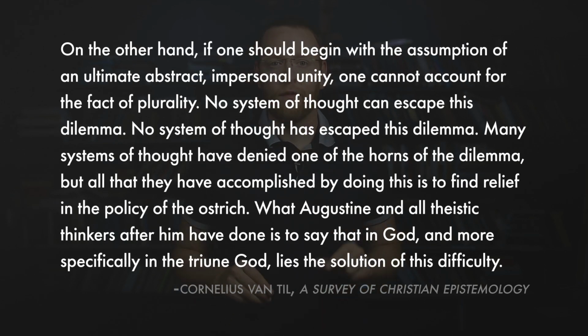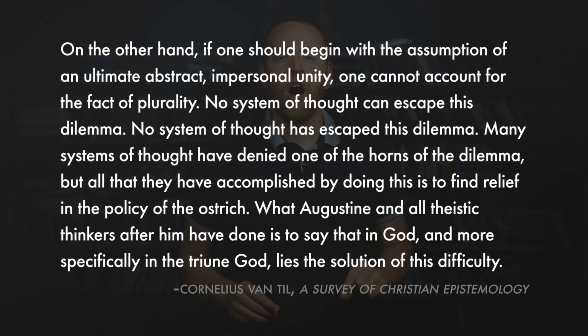On the other hand, if one should begin with the assumption of an ultimate abstract, impersonal unity, one cannot account for the fact of plurality. No system of thought can escape this dilemma, and no system of thought has escaped this dilemma. Many systems of thought have denied one of the horns of this dilemma, but all that they have accomplished by doing this is to find relief in the policy of the ostrich.